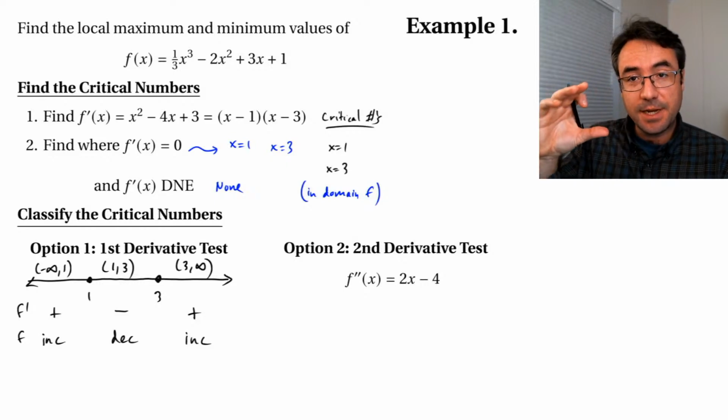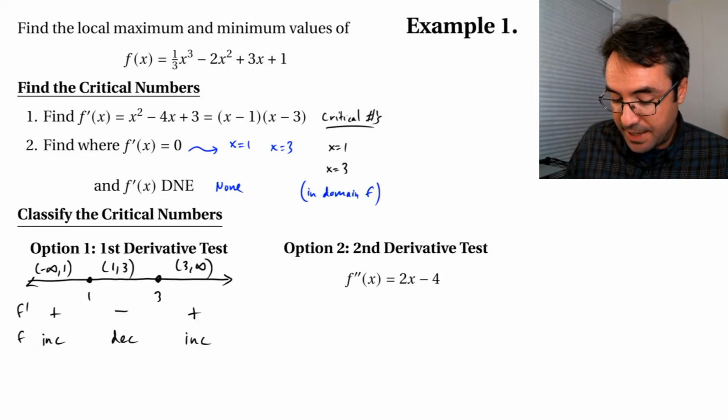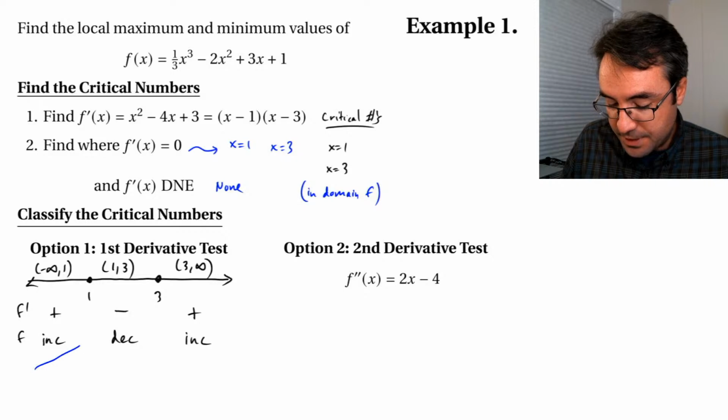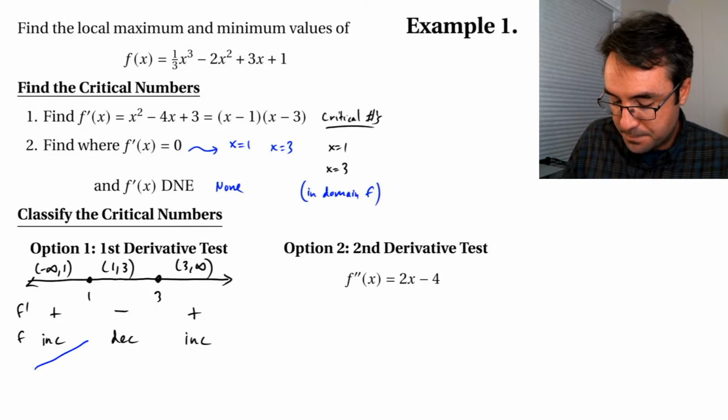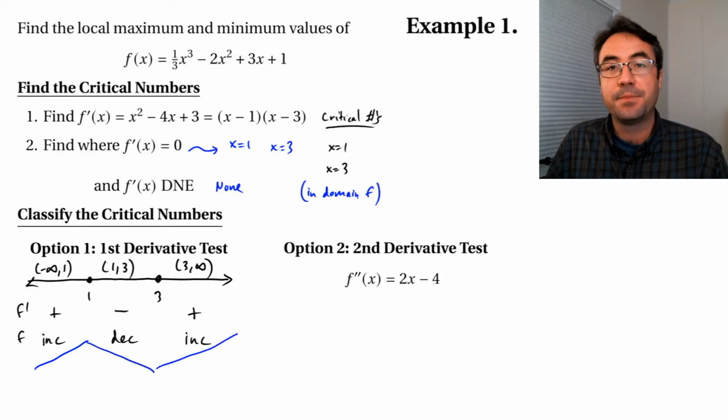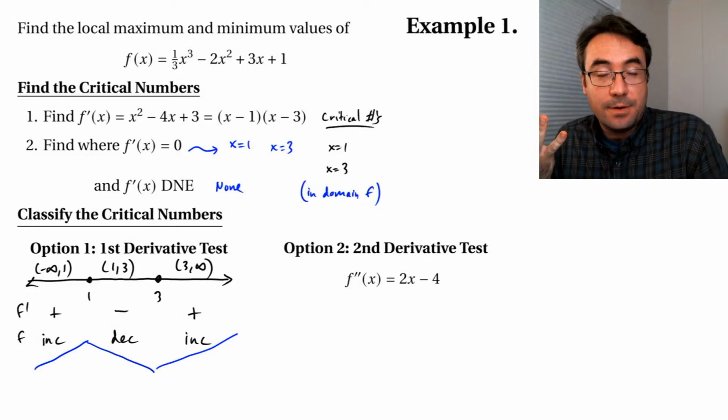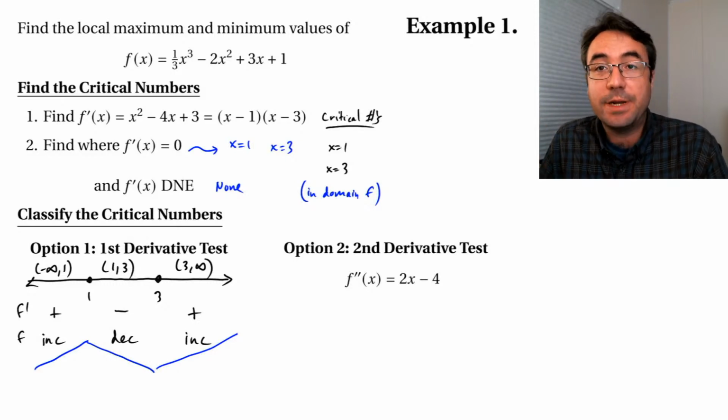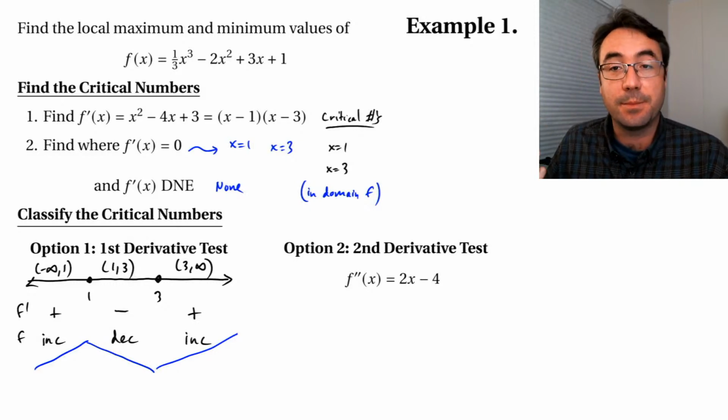But if we look at this sign chart, what we can see is that we're increasing, then we switch to decreasing, and then we switch back to increasing. And so having this sign chart, we can pretty easily classify those critical numbers.